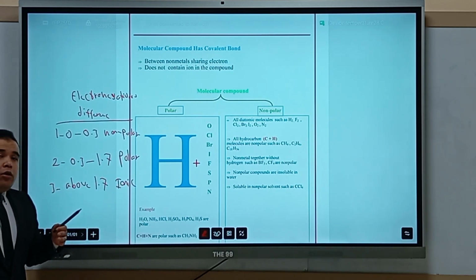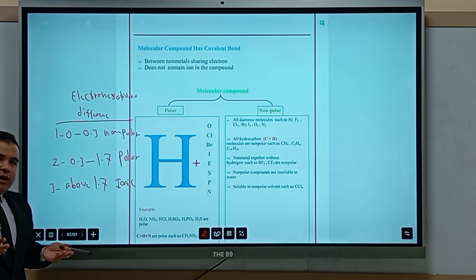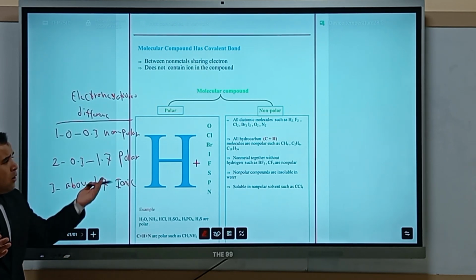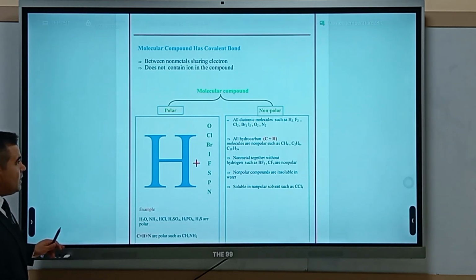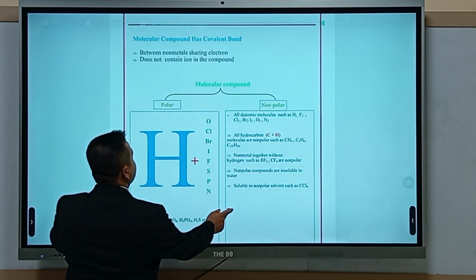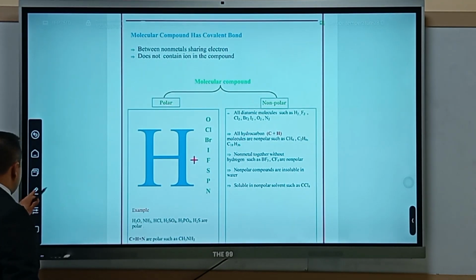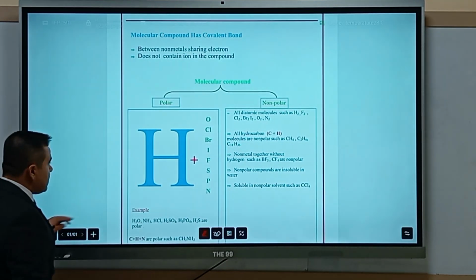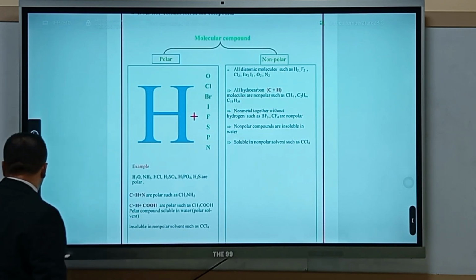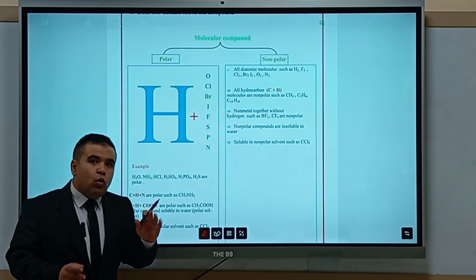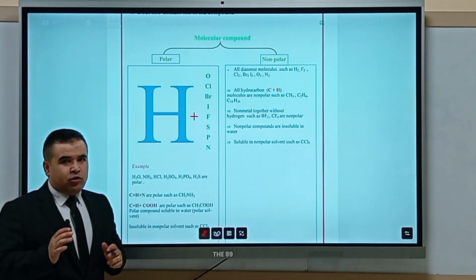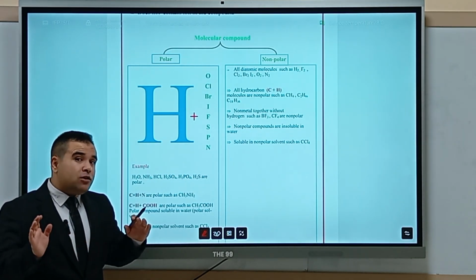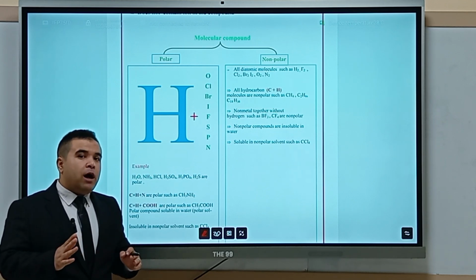So here in grade 12, it's not required to know the electronegativity difference. Instead, we have provided tips to differentiate between the polar and non-polar compounds. Let us talk about those tips, guys. The first, about the polar compounds: hydrogen with 8 nonmetals will always form polar molecular compounds.